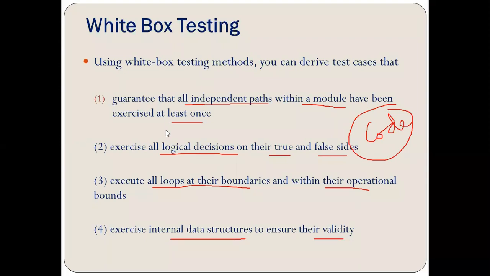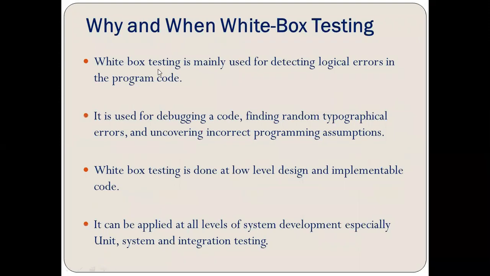Moving towards the next point: why and when is white box testing done? To answer why, first of all, this testing is to be done because we need to check the complete code for errors. And as we have learned about the different levels of testing, unit testing is done first, then integration, then system, and then acceptance.